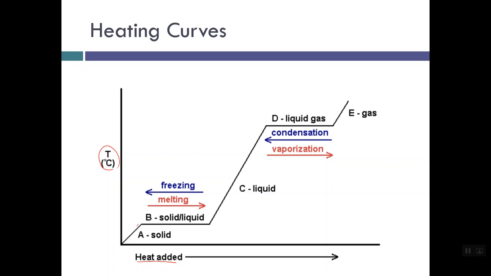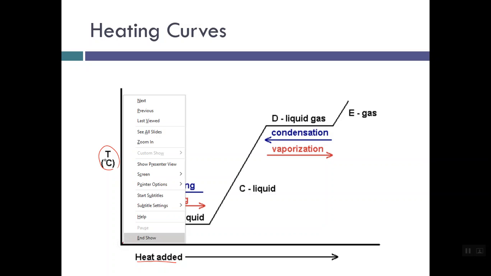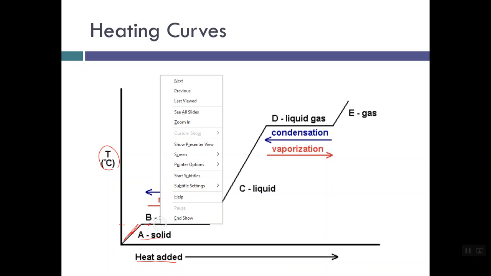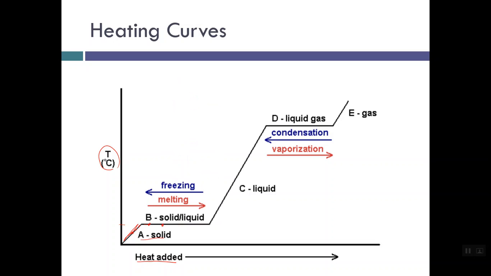So notice right here, you have a solid state, and as you're adding more heat, the temperature goes up. So you have a solid and it's getting warmer and warmer and warmer. It gets to this point here, and at this temperature it starts to go to the liquid state.